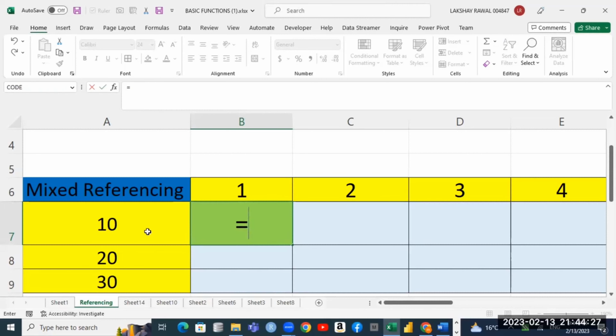I hope everybody agrees with me: if I directly use A7 into B6, will this work?